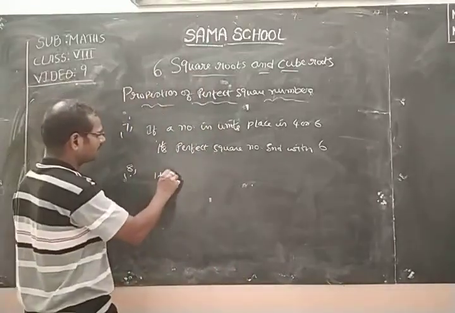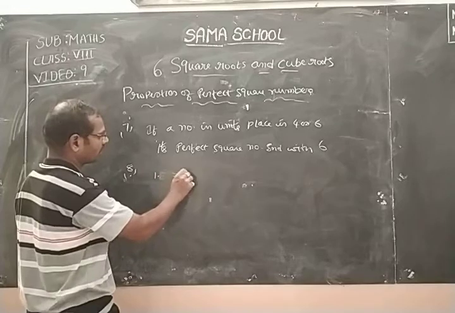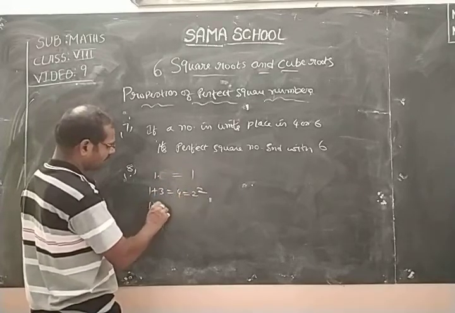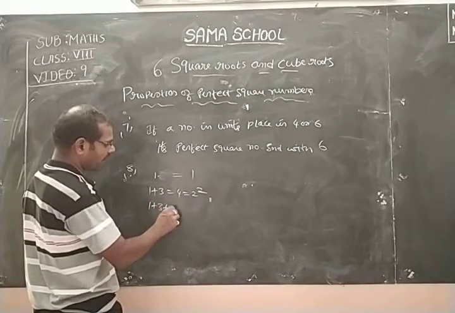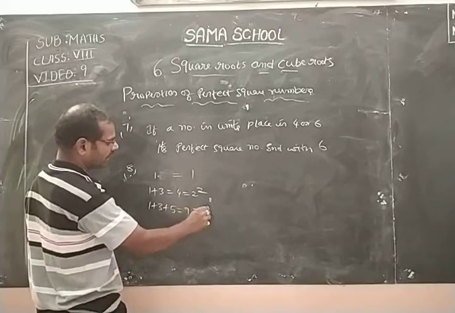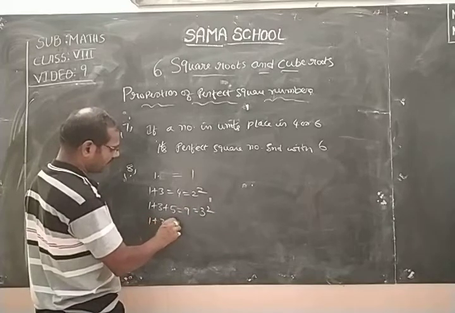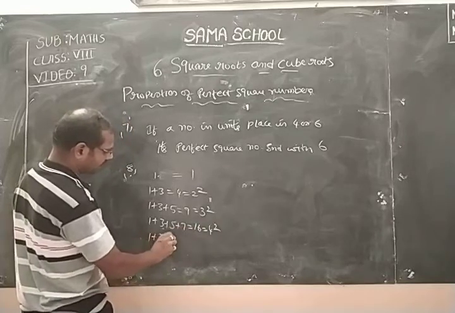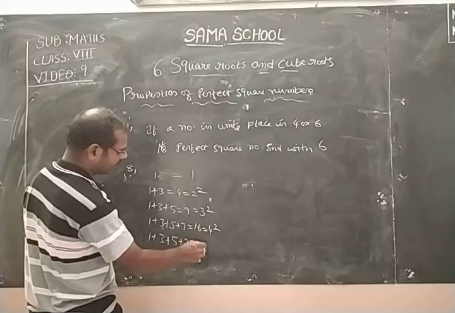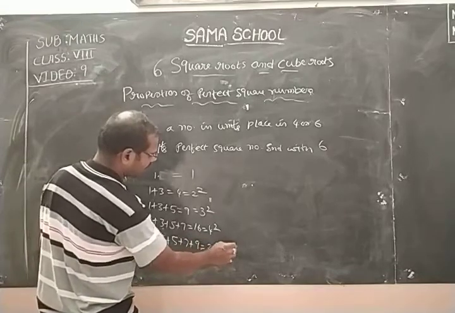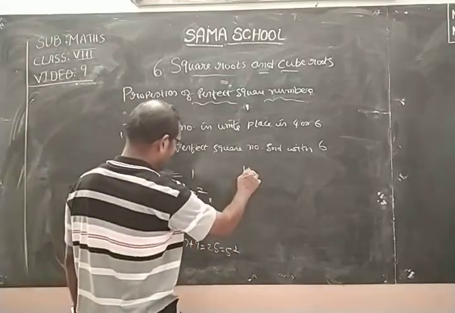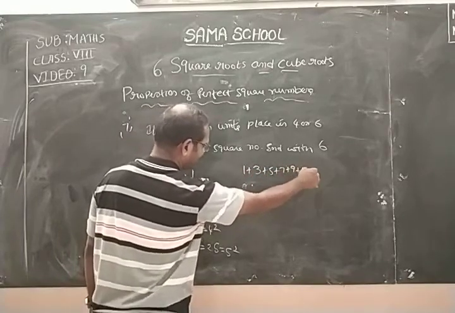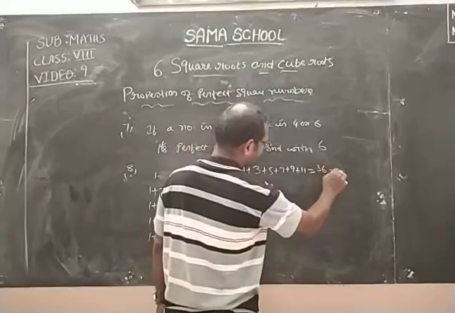Suppose 1 plus 3, the first odd numbers, is 4, you can write as 2 square. 1 plus 3 plus the next odd number 5 means 9, 3 square. 1 plus 3 plus 5 plus 7 is 16, 4 square. 1 plus 3 plus 5 plus 7 plus 9 is 25, 5 square. 1 plus 3 plus 5 plus 7 plus 9 plus 11 is 36, 6 square.